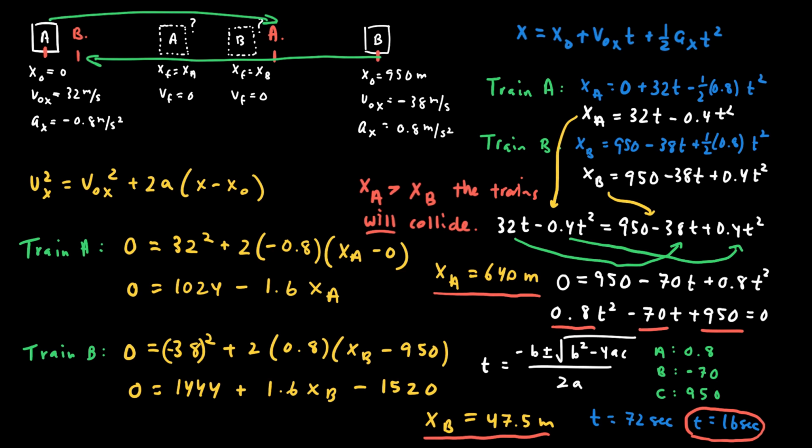And that is what that t equals 72 seconds represents. So t equals 16 seconds is the value that we want, but the t equals 72 seconds is also something physical and has meaning in this problem as well. It just isn't the value of time that we were looking for in this problem.